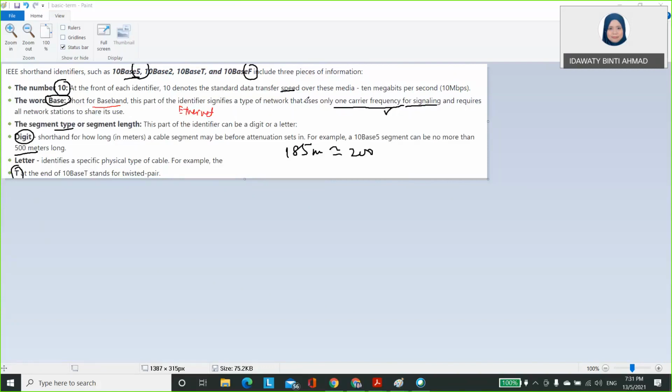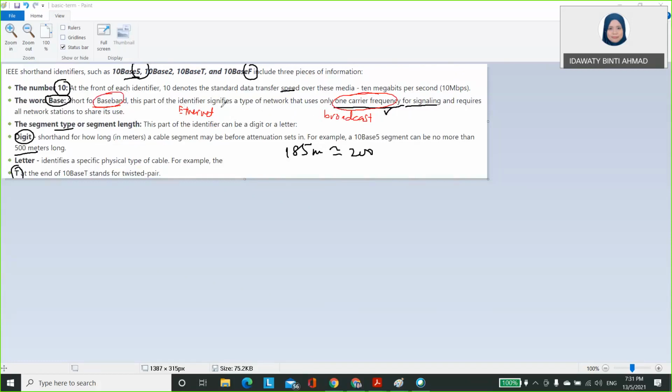Meaning that in Ethernet only one carrier frequency is used. In contrast with broadband, for example, we will talk about this in detail later on. But basically, you have baseband and broadband.